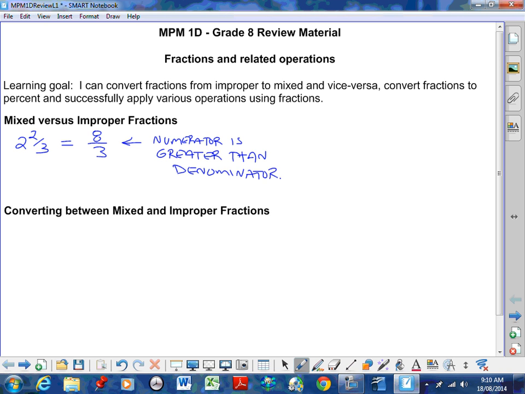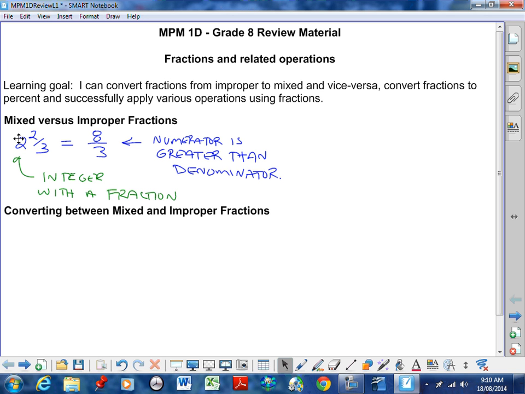And in a mixed fraction, we have an integer, so a whole value, with a fraction.